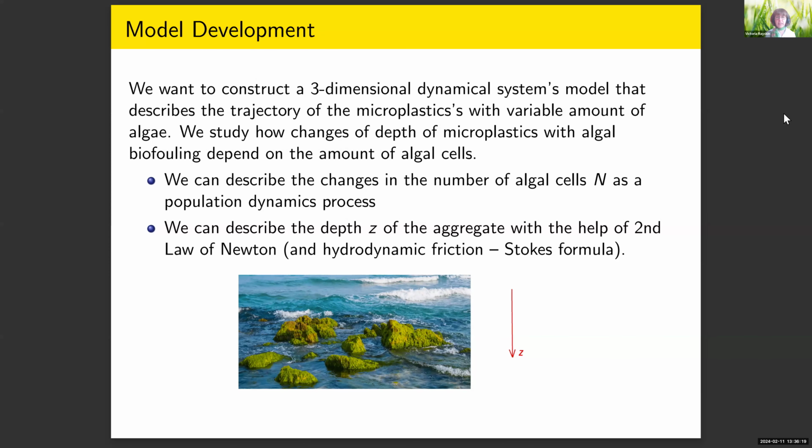So I will construct a three-dimensional dynamical system, and there is going to be one equation that is a population dynamics equation. It shows the rate of growth of the number of algal cells, N. The two other equations are the Newtonian dynamics equations, and they are based on the second law of Newton and hydrodynamic friction.